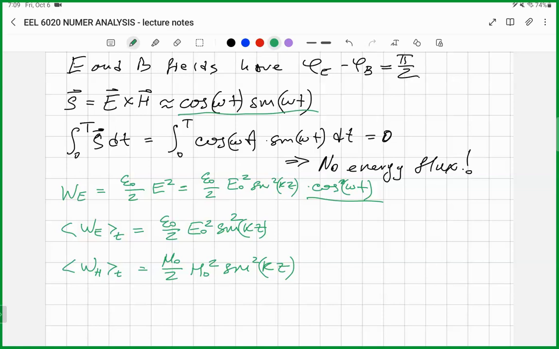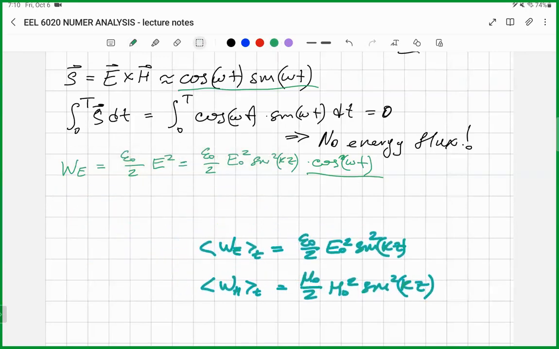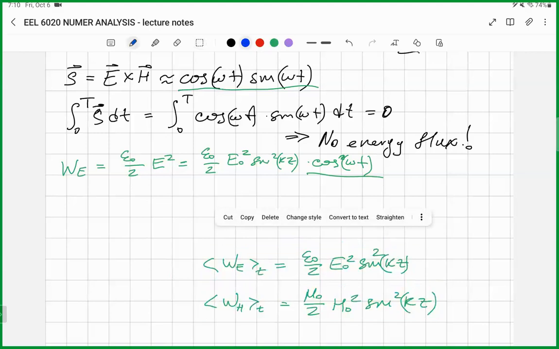A more important fact is what happens before this averaging. Averaging is good, but let us look at this formula here. The energy depends on time as cosine squared omega t.